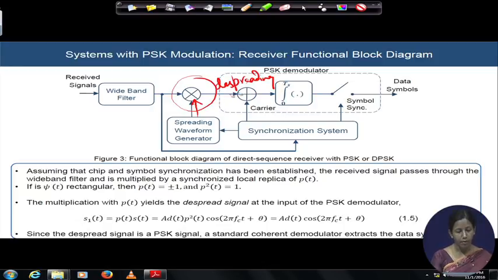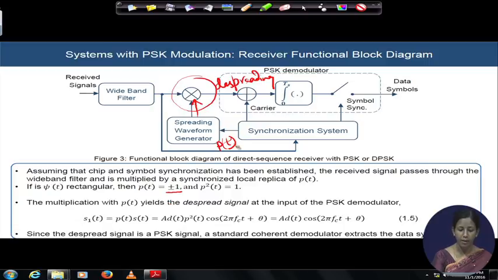Out of the despreading block, the signal enters the PSK demodulator, which will demodulate the signal later on. But remember one thing, the p(t) we were generating will again be a rectangular waveform. If we use a rectangular waveform in the transmitter, the value of p(t) will be +1 or -1.